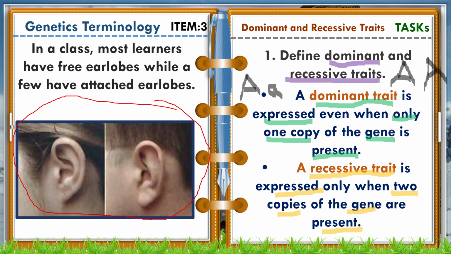Therefore, when will the recessive trait express itself? If we have a combination of small a and another small a, then a recessive trait is going to be expressed. That is when two copies of the gene are present. So we have two copies here, and that makes it a recessive trait.